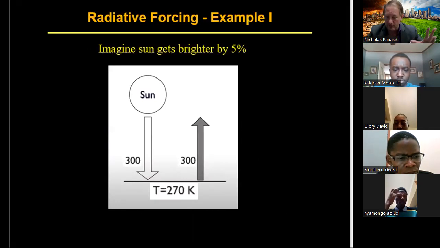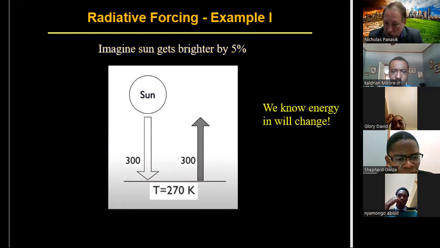Imagine that the sun, for some reason, gets brighter by 5%. All of a sudden, the sun gets brighter. There's a big sunspot, something's going on, and the sun gets brighter by 5%. So that means we know there's going to be a change in energy, right?